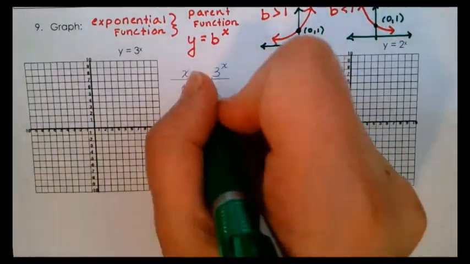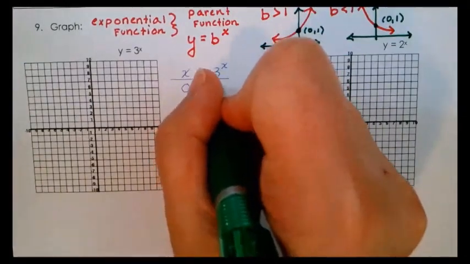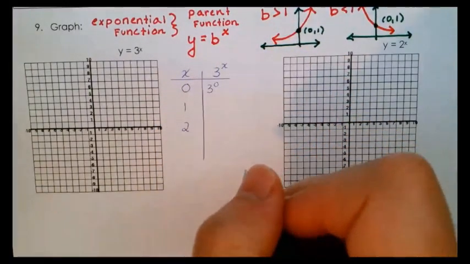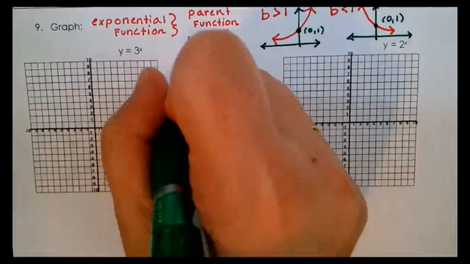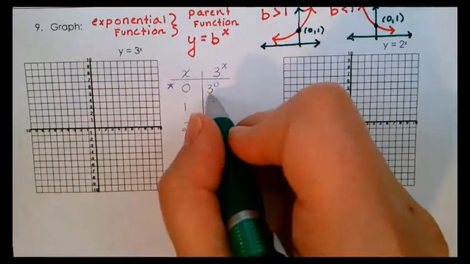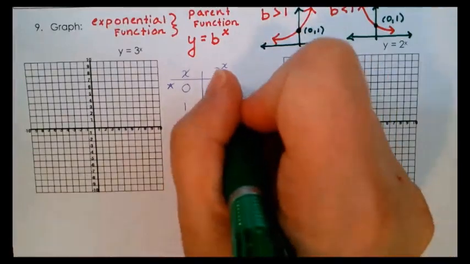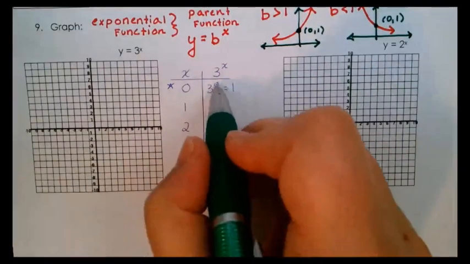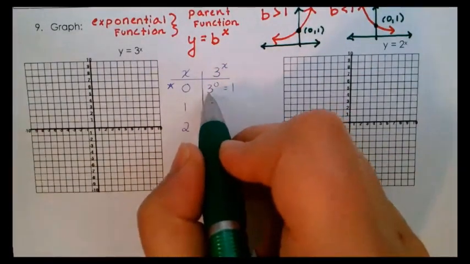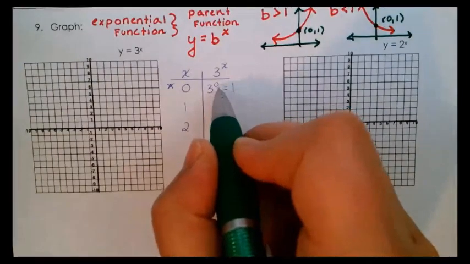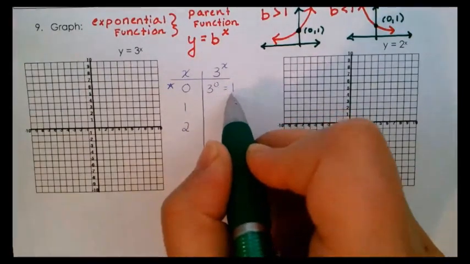So if x is 0, you're going to plug in 3 to the 0 power. One thing you should know, this is very, very important. Any number raised to the 0 power gives you the same value, and that's 1. It could say 3 to the 0, 10 to the 0, 0.7 to the 0. When you raise something to the 0 power, you get 1.